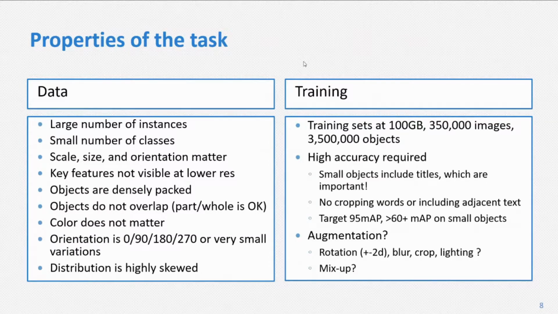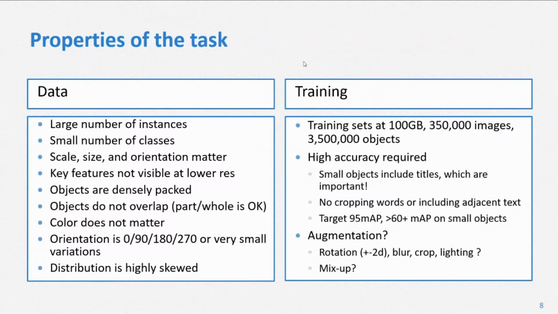So I thought I'd make a couple of observations about properties of this specific task. I mentioned there are a large number of instances, large public data sets. There are a small number of classes. For the document layout analysis, there are 6.